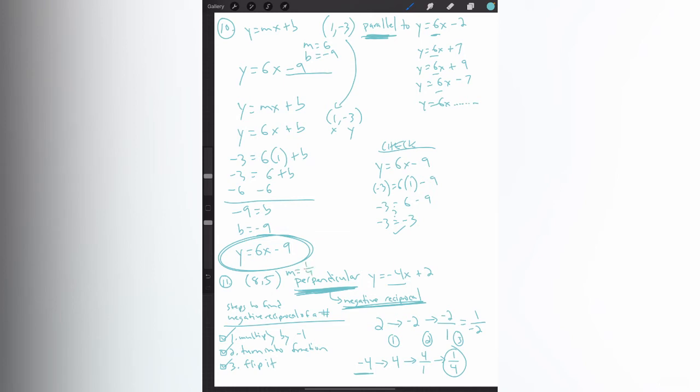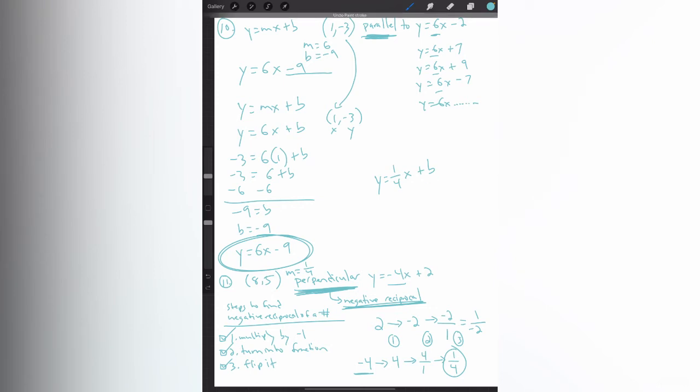So what I'm going to do is I'm going to erase this, so that way I'm creating space, right? And we'll just continue this up here. So all this that we have going on, we know so far we have y is equal to 1/4 x plus b. And I want to find out what b is.